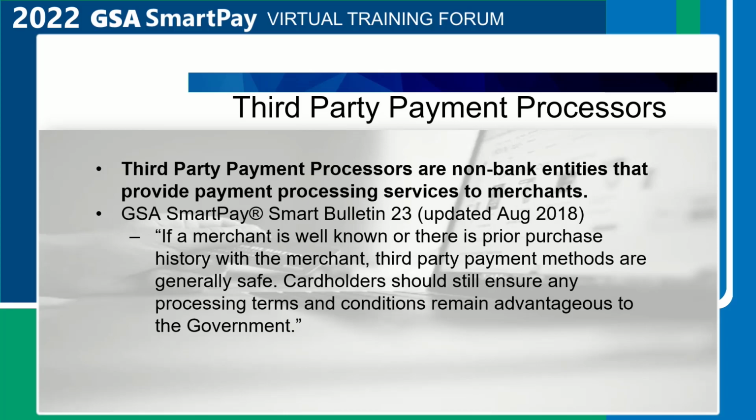We also recommend that cardholders should not establish accounts or agree to commercial terms and conditions of the third-party payment processor without consent from legal counsel or proper authority. Keep in mind, when a third-party payment service is used, the cardholder can forfeit the dispute rights that are guaranteed under GSA SmartPay 3 contracts.